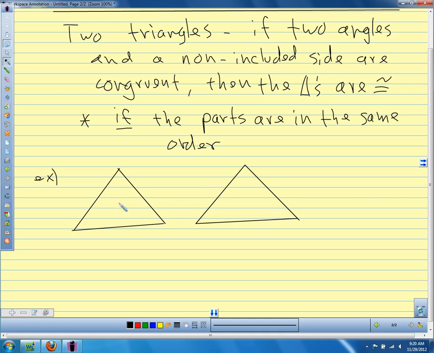So I'm going to say these sides are congruent. This is 60 degrees. This is 45 degrees, just like before.